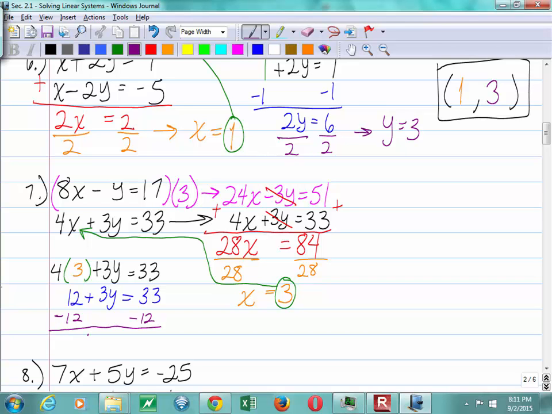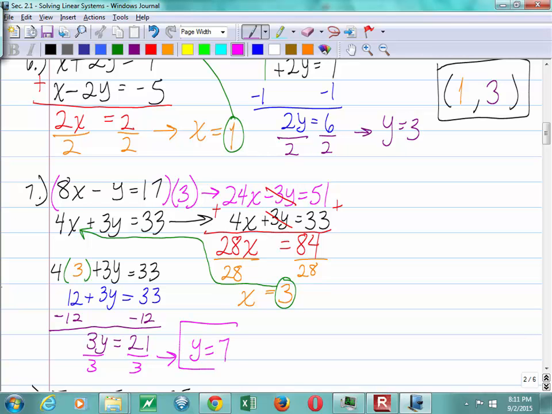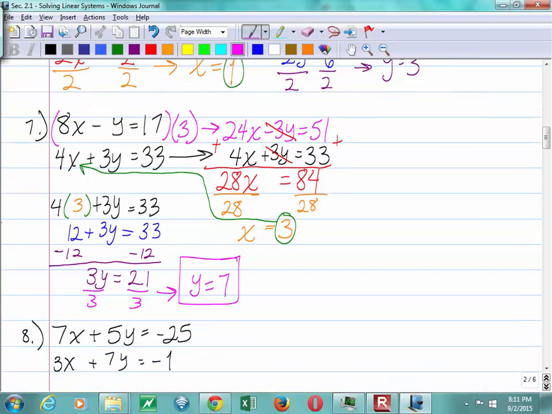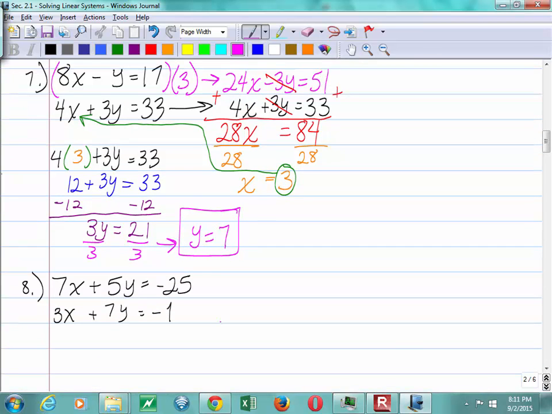So that gives me 3y equals 21. And then if I divide both sides by 3, that would give me y equals 7. Okay, and then I'm just going to write my solution as an ordered pair, x comma y. So that's going to be 3 comma 7.